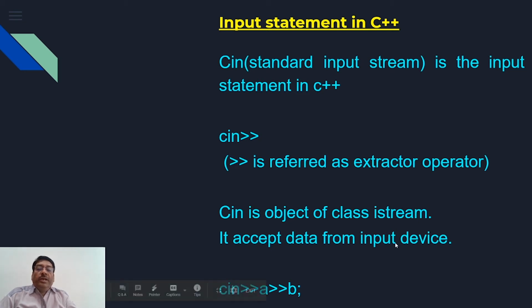It accepts the data from your input device. If I want to accept the value for a variable A and for a variable B, I can just write cin extract A, cin extract B, which means I am going to accept the value for A and for B. So cin is the input statement and cout is the output statement that we have in C++.